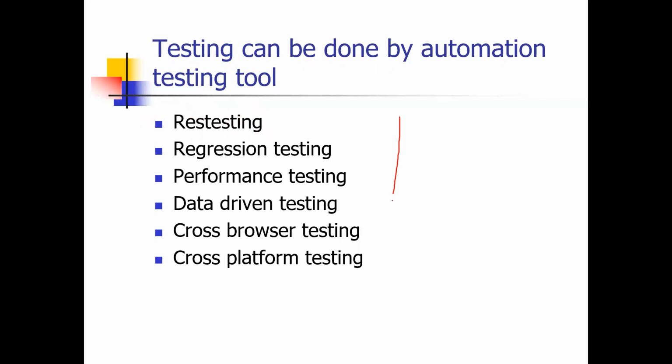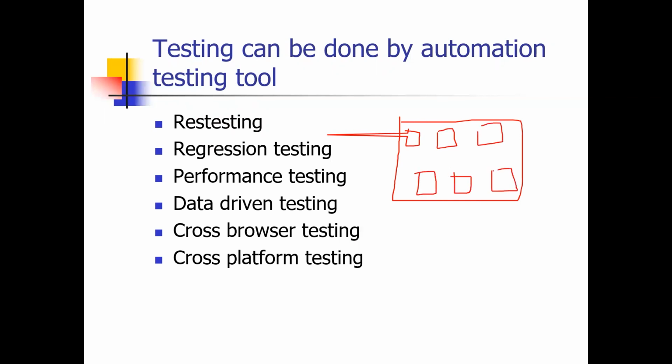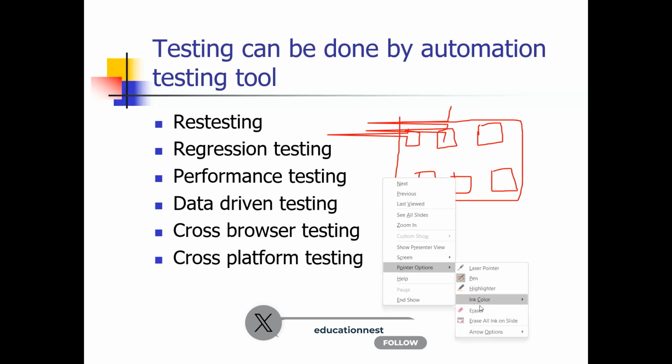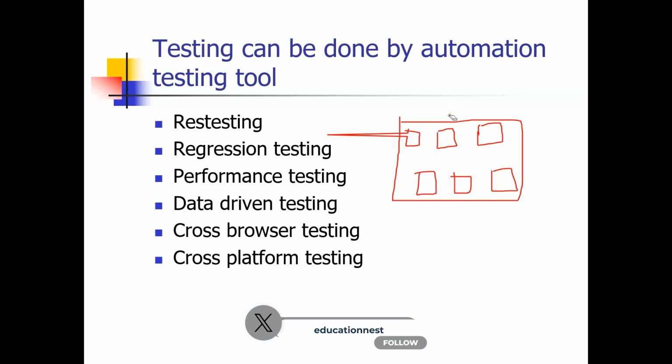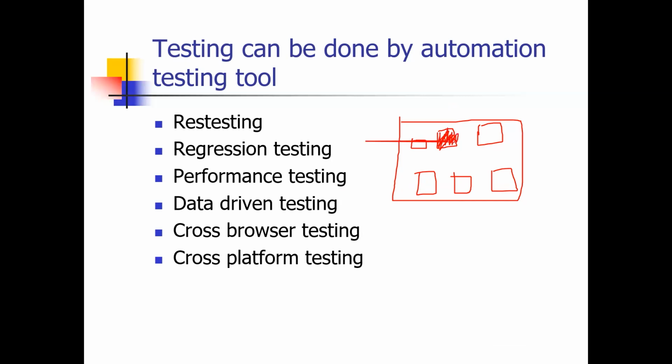Suppose this is your whole block, and there are small units. While testing, the junior tester finds a bug over here. A bug means this particular unit is not working according to the requirement.